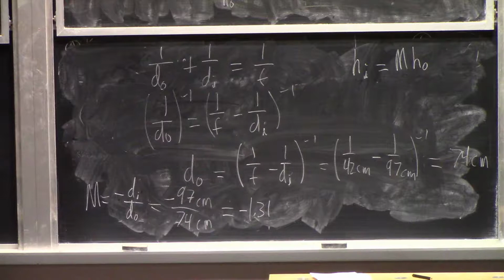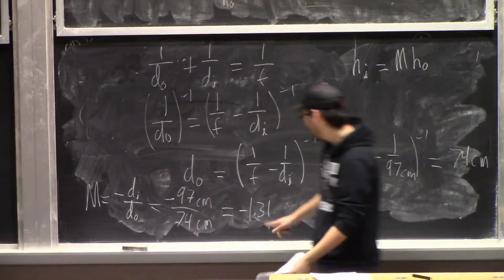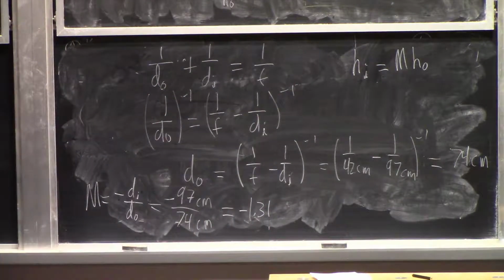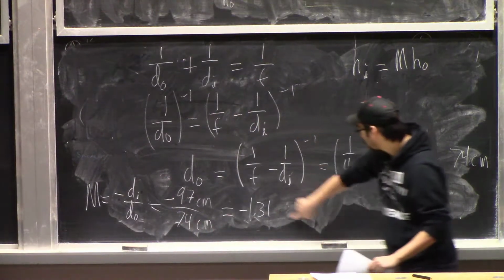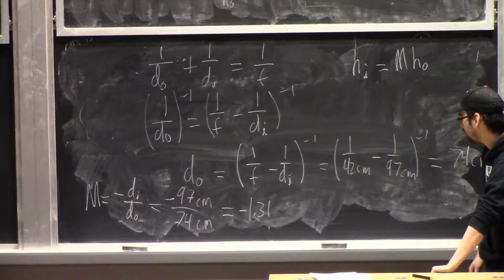So we can already predict what our answer should look like for the height of the object versus the height of the image, because we know the magnification is going to be larger than 1. So let's go through the rest of the calculation here and see if our suspicions are confirmed.